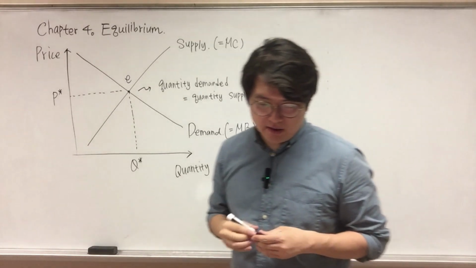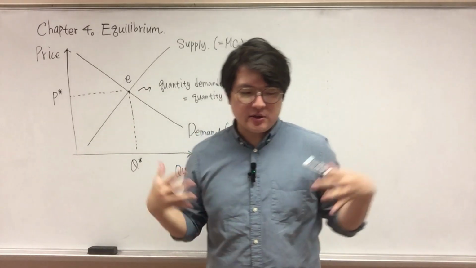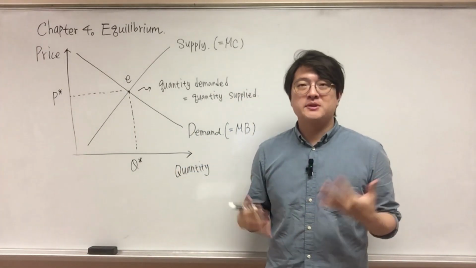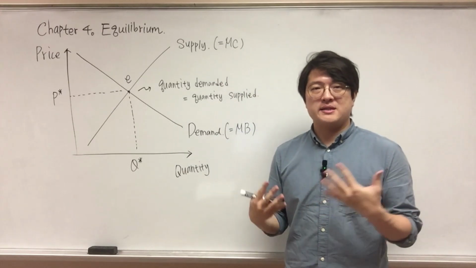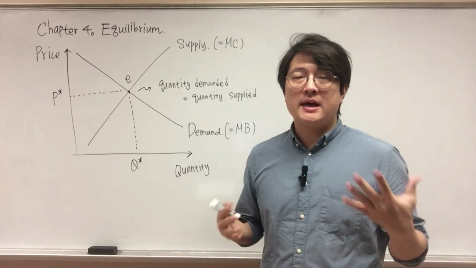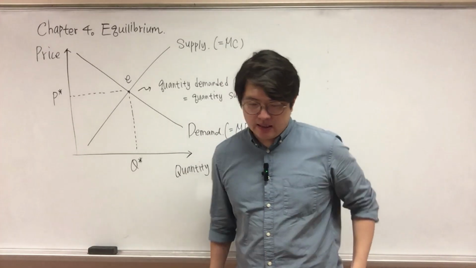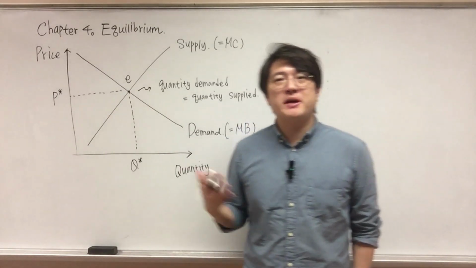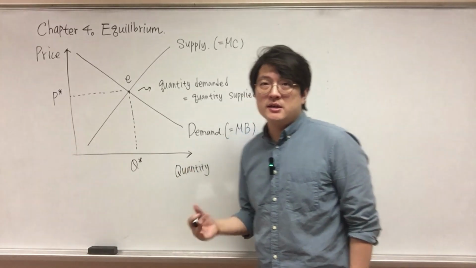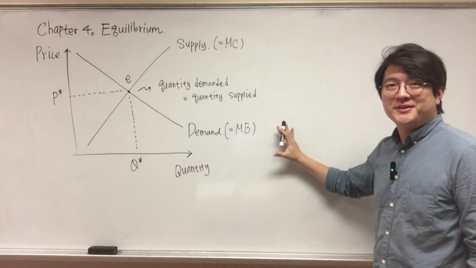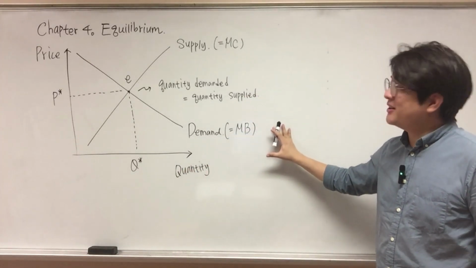So this equilibrium point is the point where both consumers and suppliers are satisfied with each other. And as we know, the rational rule is that marginal benefit is equal to marginal cost is equal to price. Look at this graph.